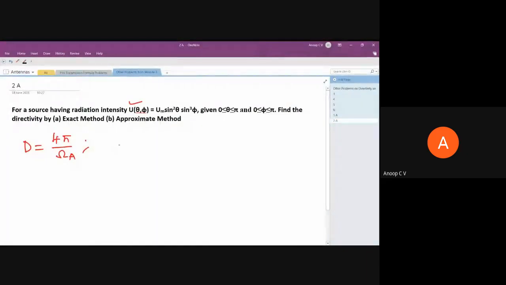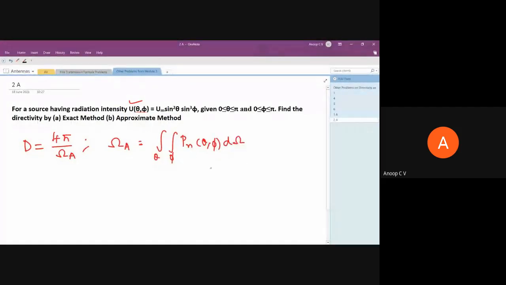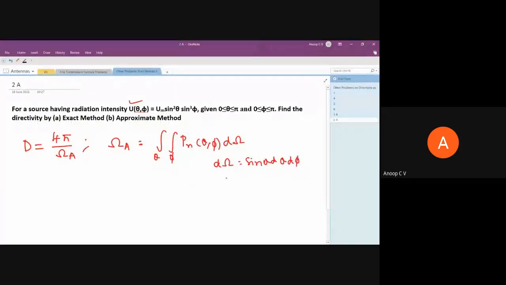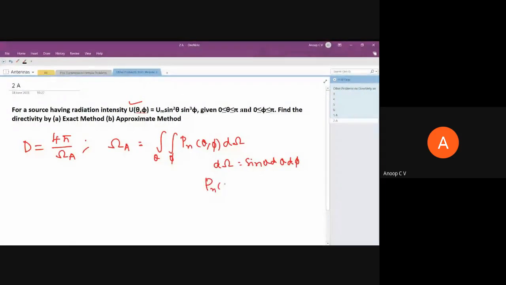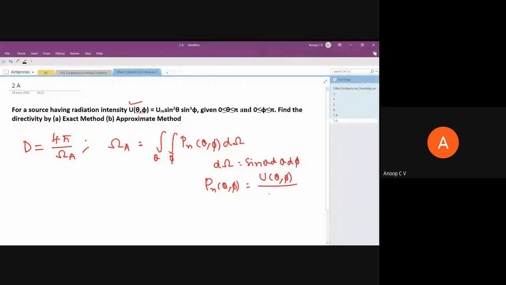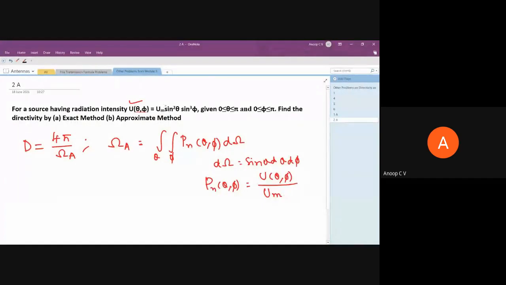And omega A is nothing but the integral over theta and phi of Pn of theta comma phi d omega, where d omega is sine theta d theta d phi, and Pn of theta comma phi will be U of theta comma phi divided by Um, where Um is U max.